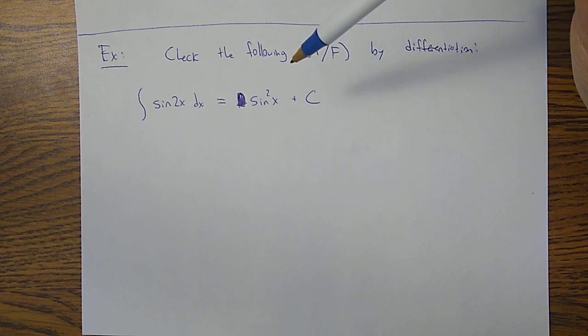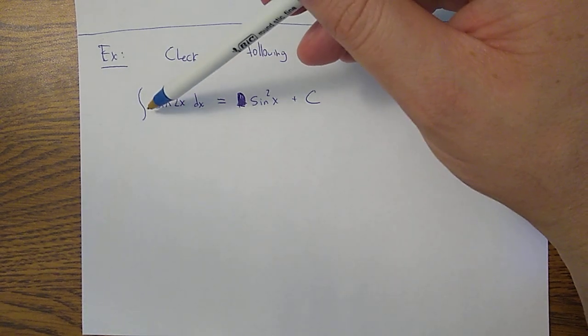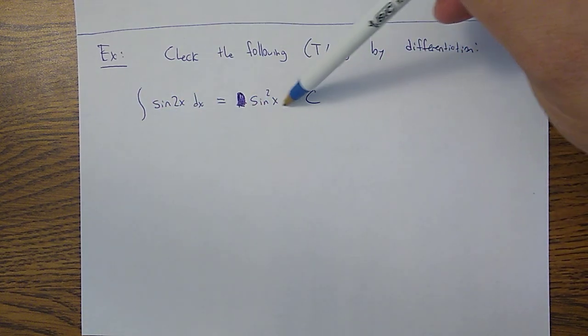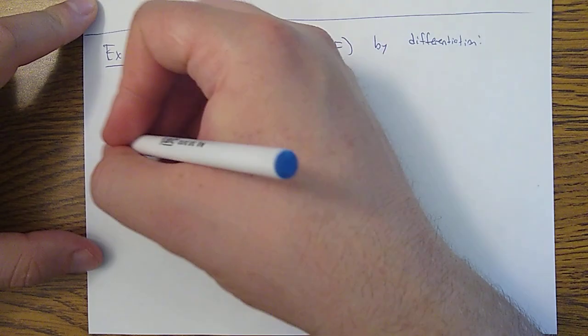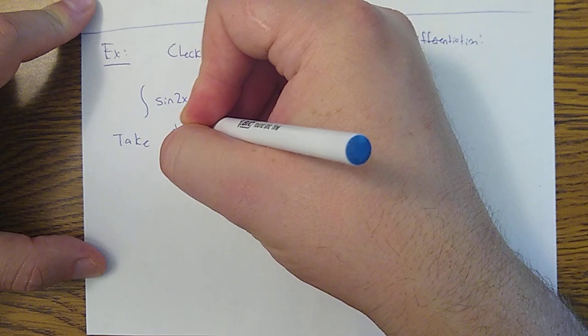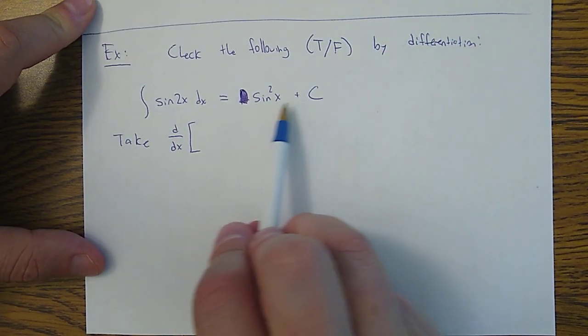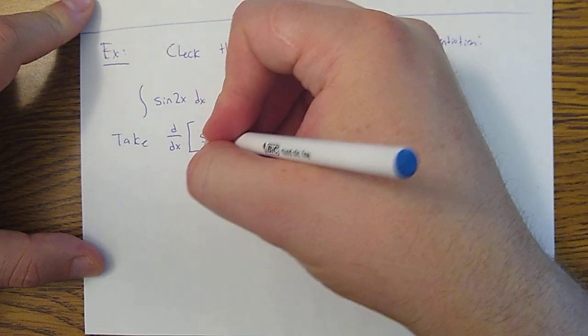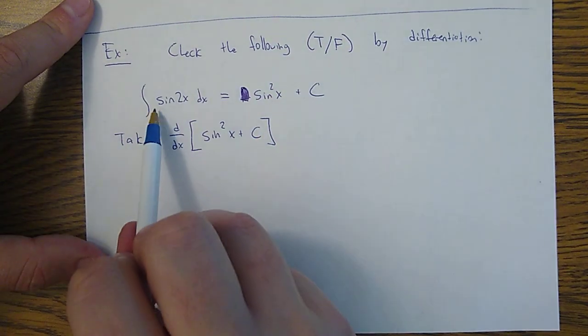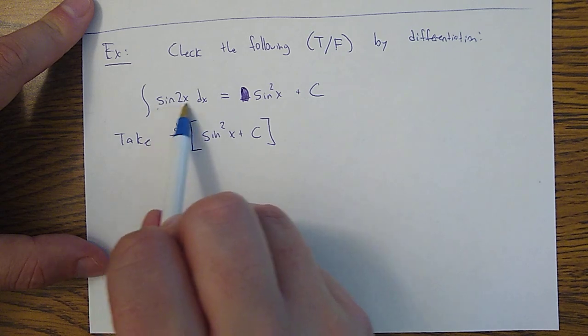What you have to do is, if we're claiming that the antiderivative of this is this, then I should take the derivative of this side and check whether I get this.